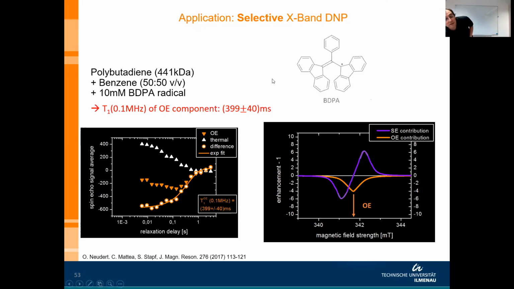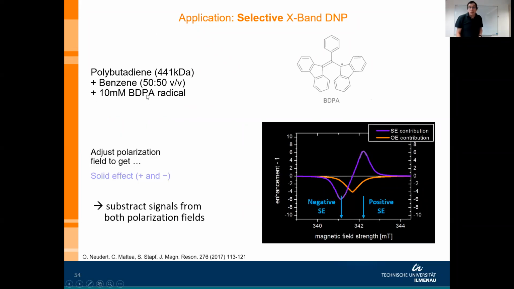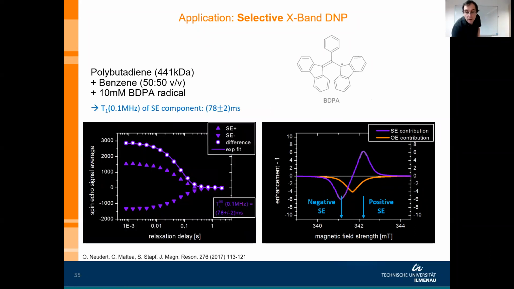Here on the left we see our signal intensity. If you do it the other way, you can get the other signal, the one enhanced by the pure solid effect or the pure Overhauser effect.